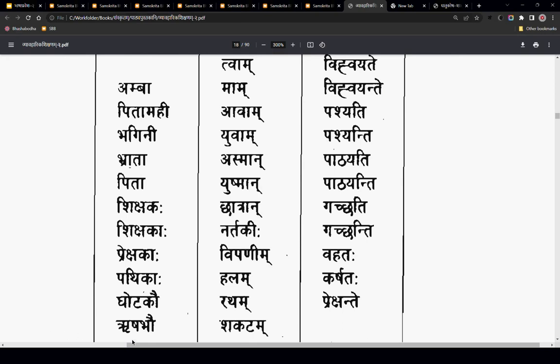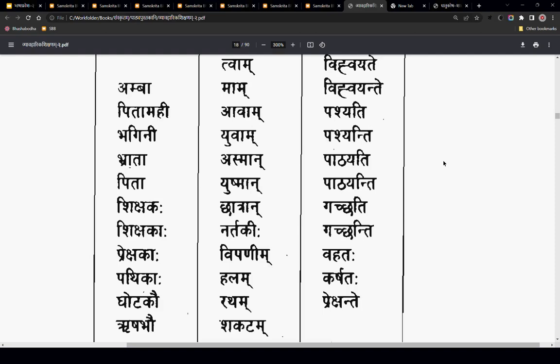Using the Vrishabhau, can you make a sentence with the words available on the screen? Vrishabhau shakatam vahatah.